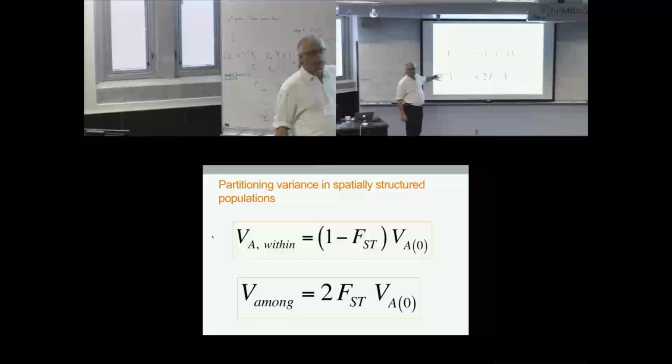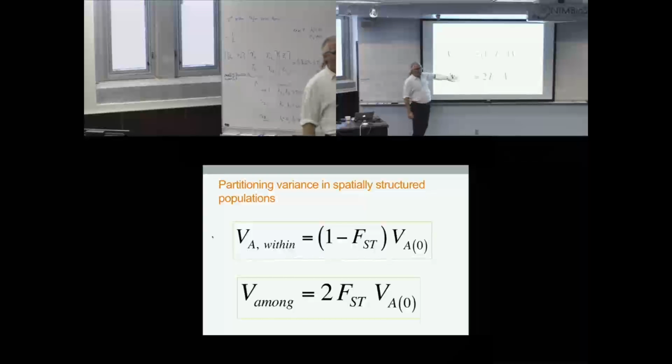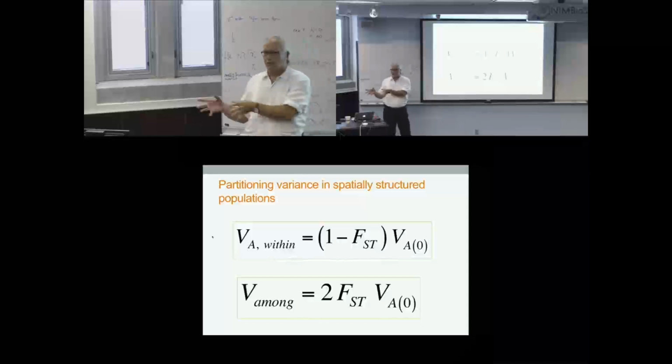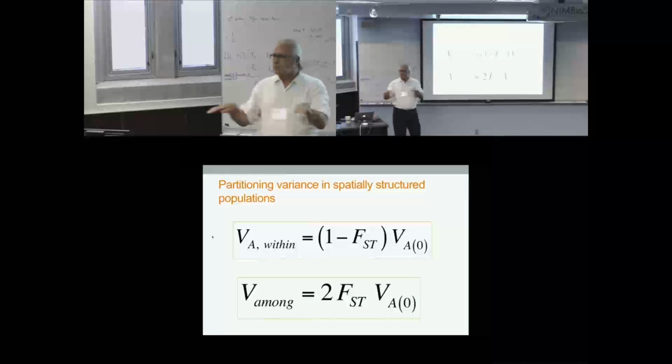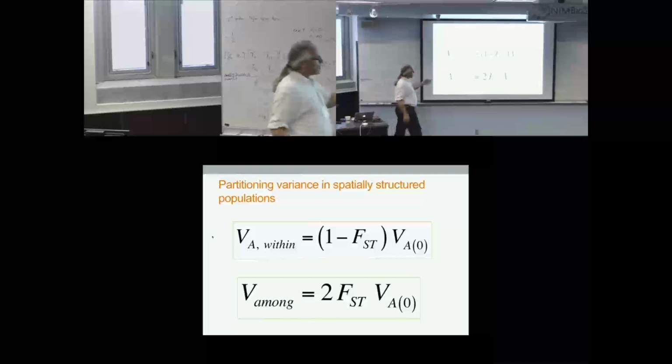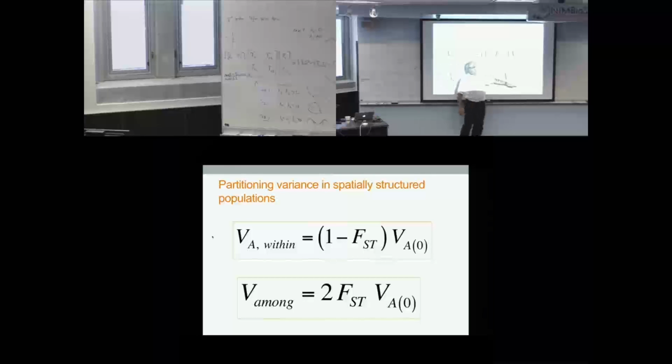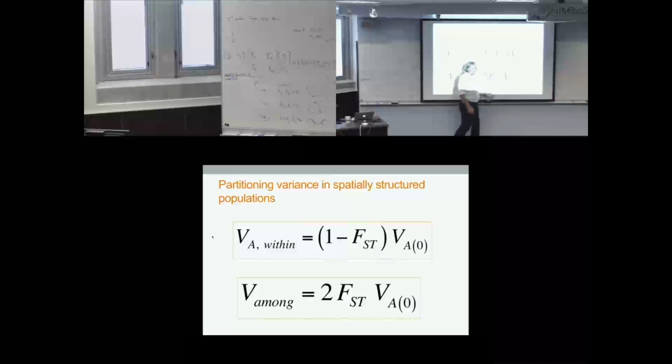For diploid populations, the amount of genetic variance among populations, where you calculate the mean of each population for its traits, measured in some common standard environment, and then take the variance among those means, turns out also to be proportional to the amount of genetic variability in the population, but times 2 FST.